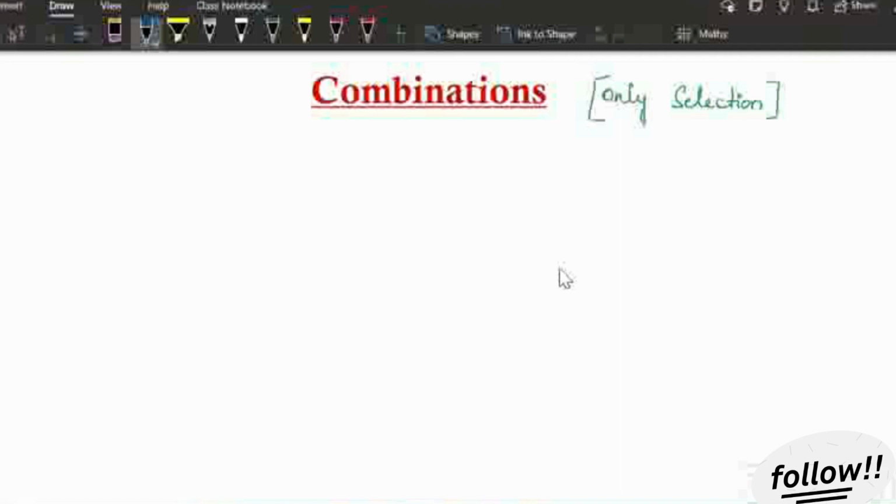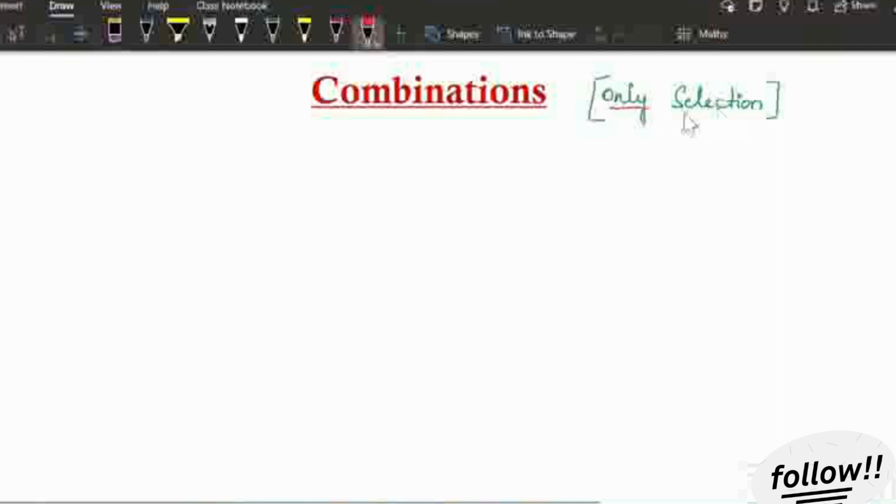Whenever you are forming a team or a committee, or you might have seen questions like: there is a box with 5 red balls, 6 green balls, 3 white balls. In how many ways can you select this many balls such that all balls are of some color. These kinds of questions all come under combination.